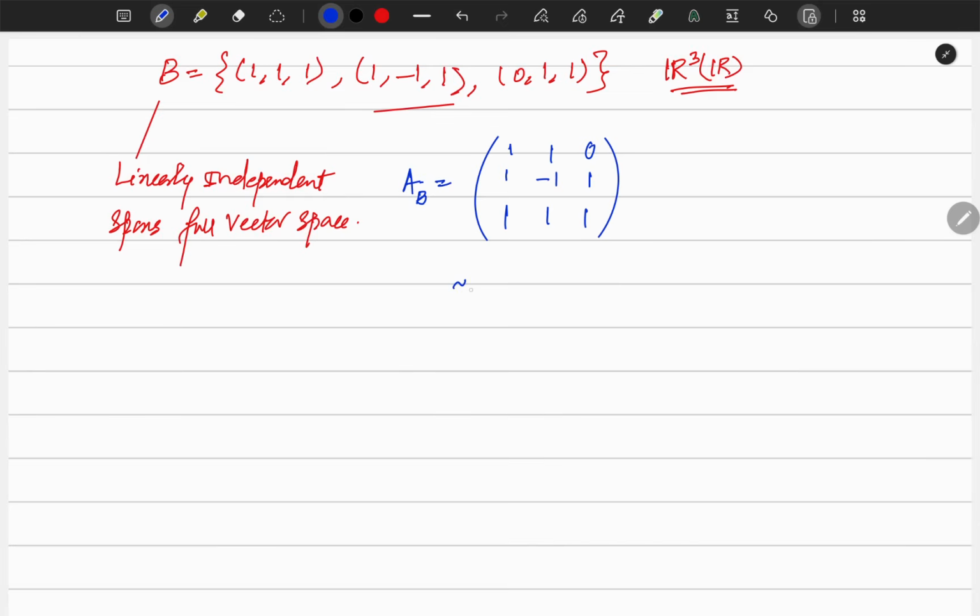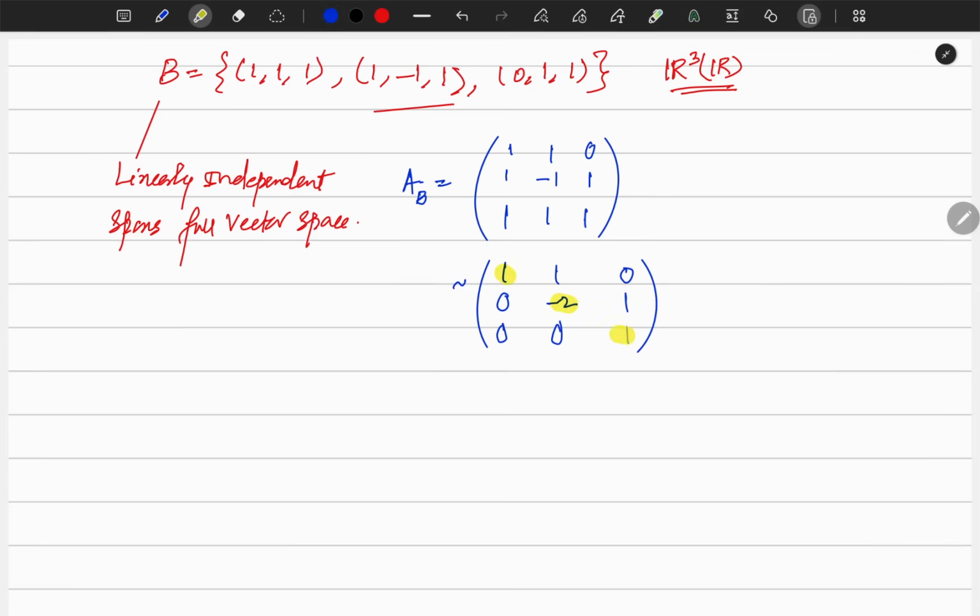Try to make it into the echelon form. So that is 1, 1, 0; 1 minus 1, that is 0; 1 minus 1, that is 0, 1 minus 0, that is 1. You can check that it is now in the echelon form.